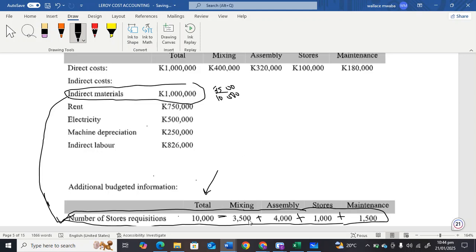Mixing has 3,500 store requisitions, and the total number of store requisitions is 10,000. Colleagues, when you divide 3,500 by 10,000, what do you get?